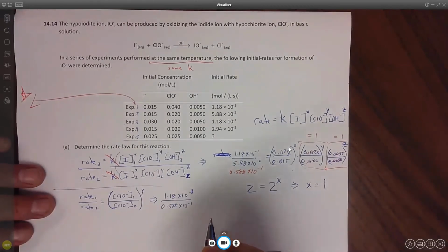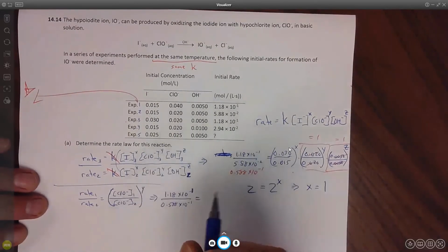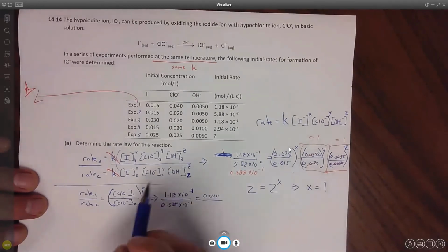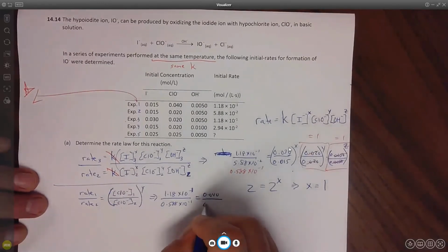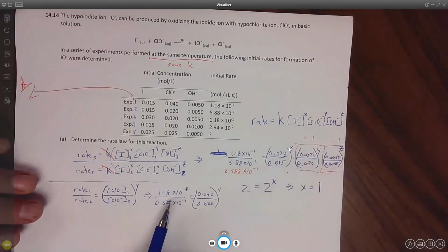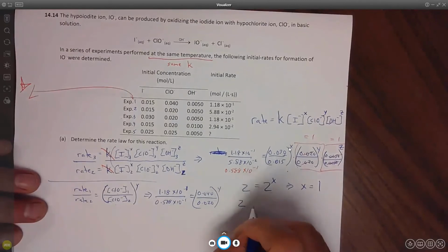You really don't need to use your calculators. That is equal to the concentration of the hypochlorite of 1, which is 0.04, and the concentration of the hypochlorite in experiment 2, which is 0.02. And again, this would be raised to the y. We've already seen that 1.18 divided by 0.588 or 0.59 is just equal to 2.